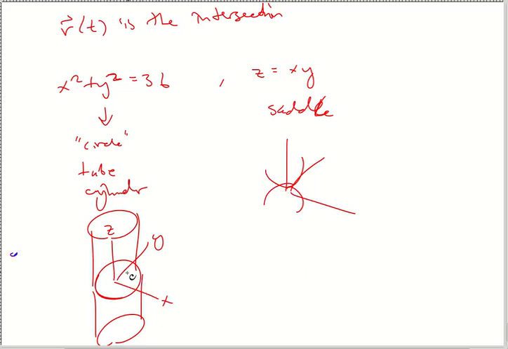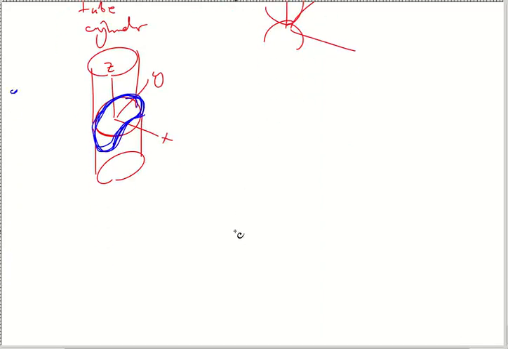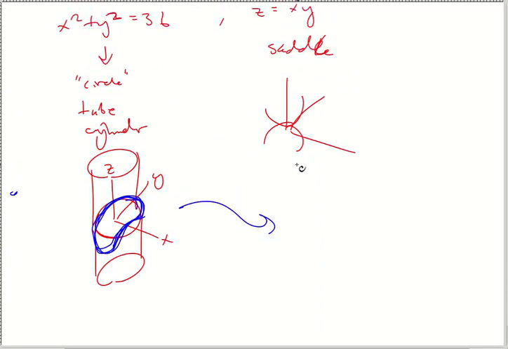Let me just rough it for you. It's basically a lumpy little circly thing, and it might wobble depending on your angle. But it's going to be on that cylinder, trying to follow that saddle. So how do I find that intersection then?